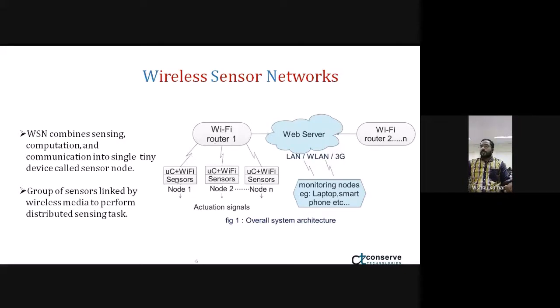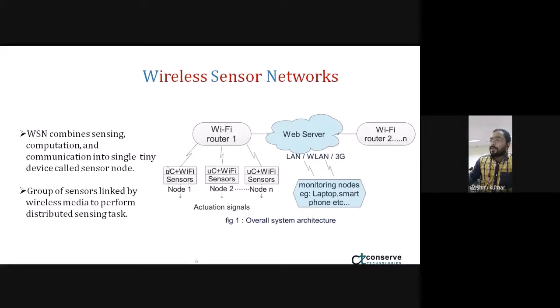Now we can see what kind of topology this is. This is a star network. This is the router node, and these are the other sensors. Multiple nodes we can add in this network. That is the advantage of this star network topology.